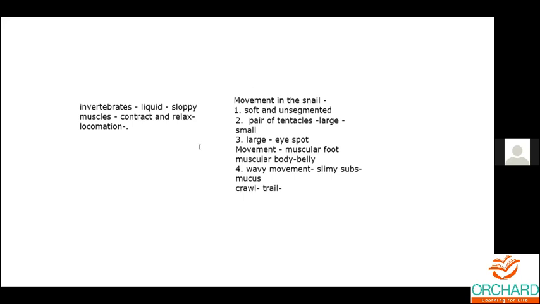The large one has the eye spot in it. The small one is used for communication, to find any kind of substances present around them, like predators or other things. So they just go inside the shell because of that. And the movement is done with the help of the muscular foot.